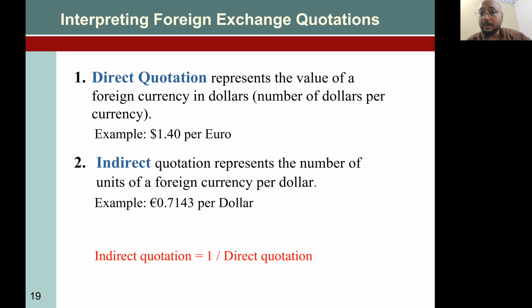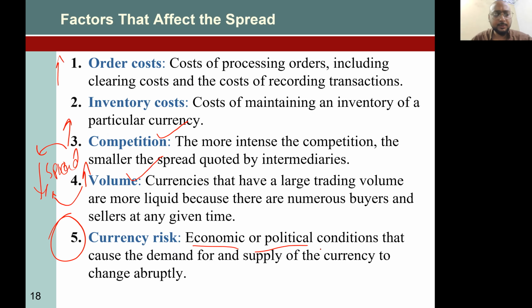No, volume means the number of buyers and sellers having transactions. Number of transactions, not the size of the transaction. Oliver, understood? Yes, understood. Good.